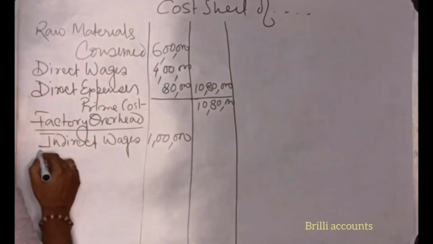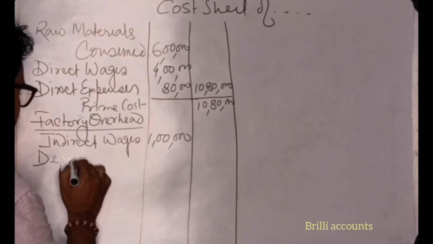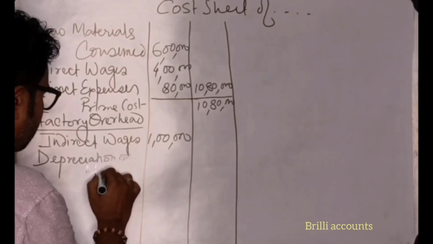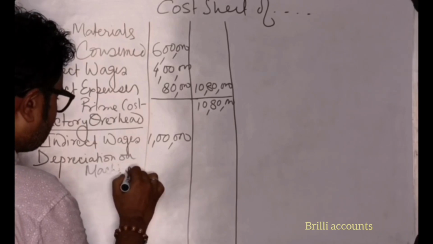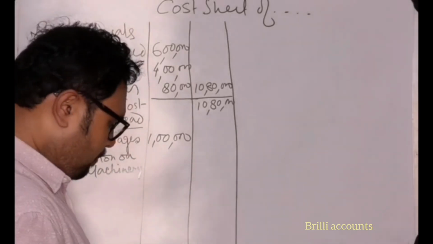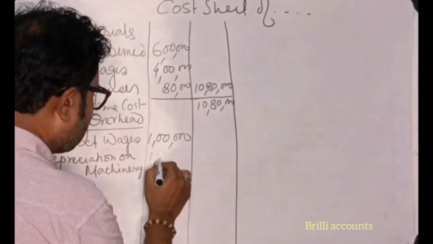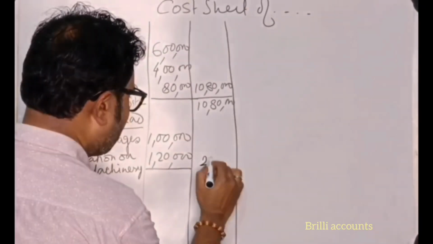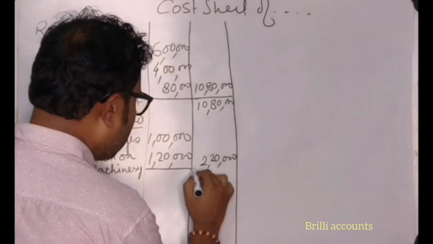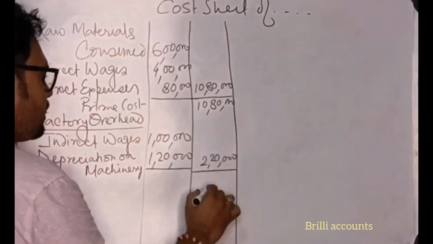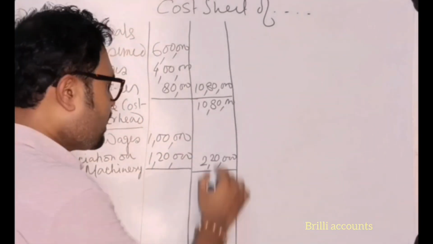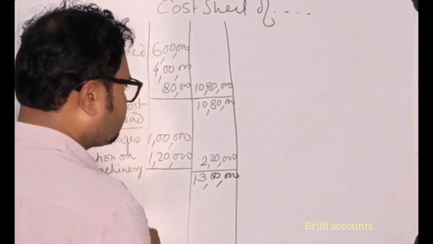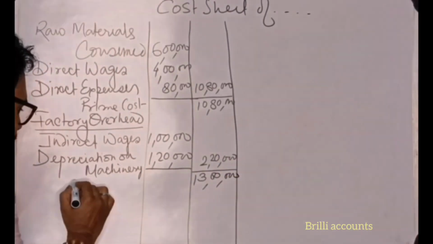Then depreciation on machinery. What is the value of depreciation on machinery given? 1,20,000. So add these two, 2,20,000. If I add 10,80,000 plus 2,20,000, how much will it be? It will be 13 lakh. That is called the works cost.